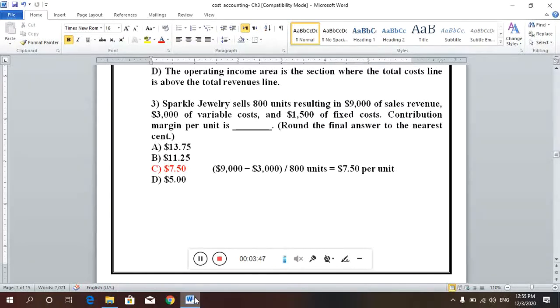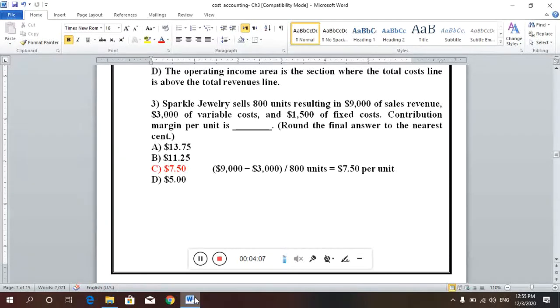The solution here will be in 2 steps. He needs the contribution margin per unit, but he gives me in the example the amounts in total. So first you will compute the total contribution margin, and then compute the contribution margin per unit.